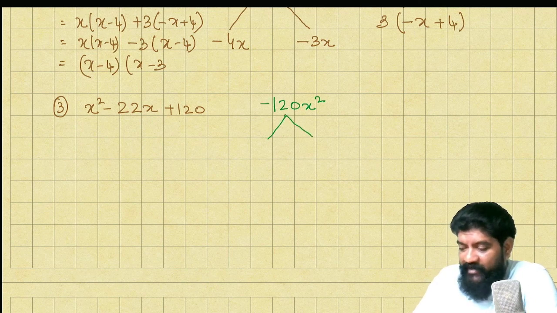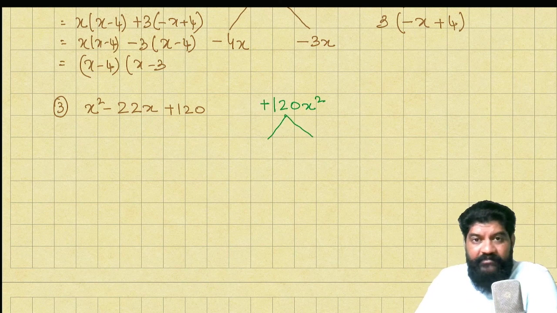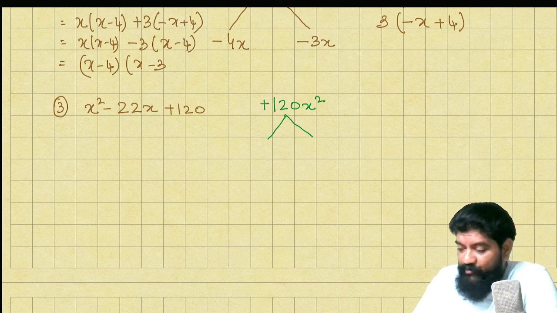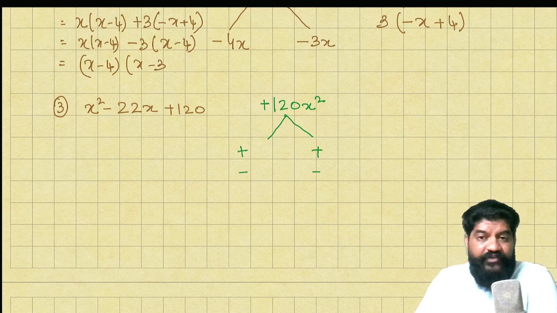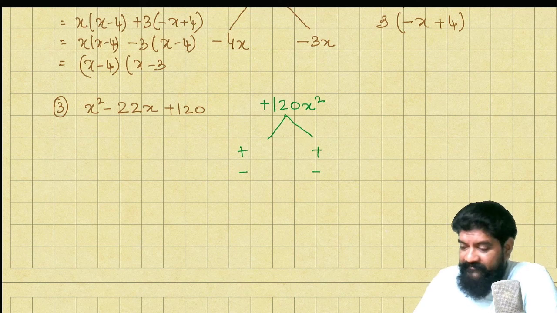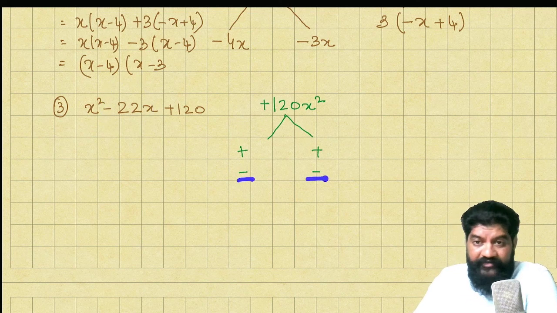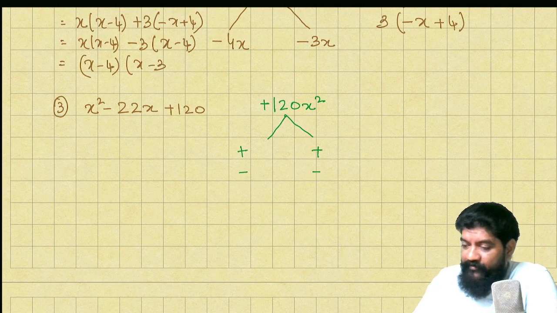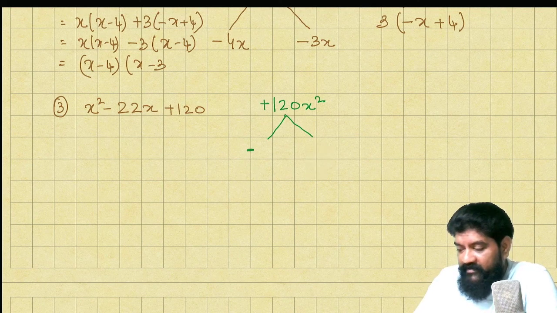Understand this is a plus, which means the numbers that I'm going to choose are either going to be both positives or both negatives. That's the first thing I'm going to do: decide on the sign. Because this is negative, both the numbers have to be negative. They cannot be positive. So I now know that both my numbers are going to be negative. What next?